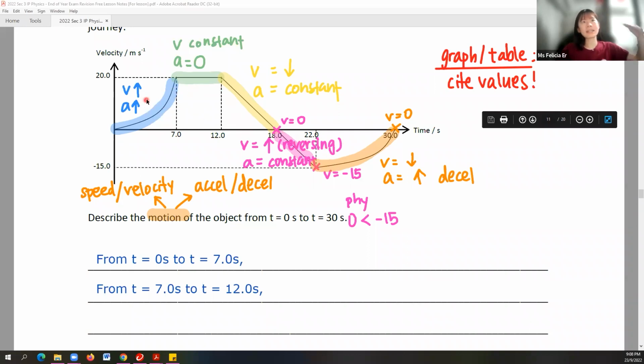Because the top one means the car is going forward. The below one, you go and check my legend again. Below the x-axis means it is reversing. So it means you go forward and then you reverse. So you check if the area on top is bigger than below, that means the object, although it U-turns and reverses back, hasn't passed the start point. But if the area for the negative, that means below the x-axis, is super huge, bigger than the area above the x-axis, this means that he reversed a lot.